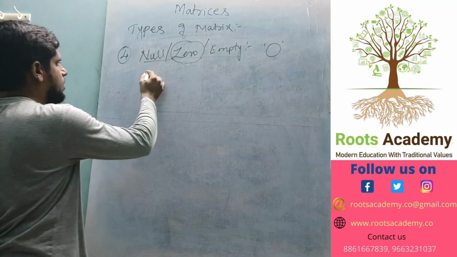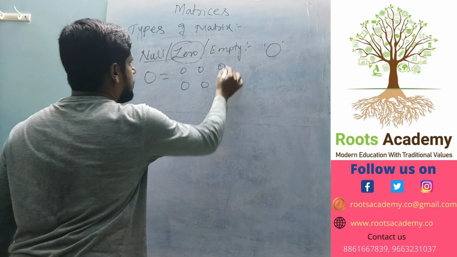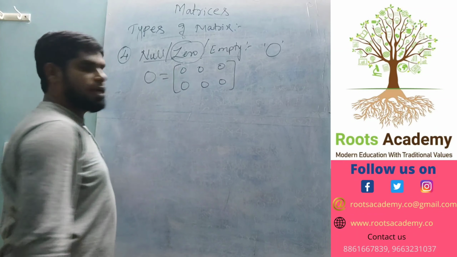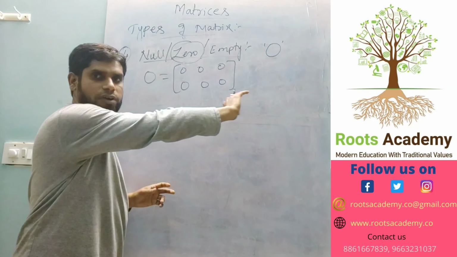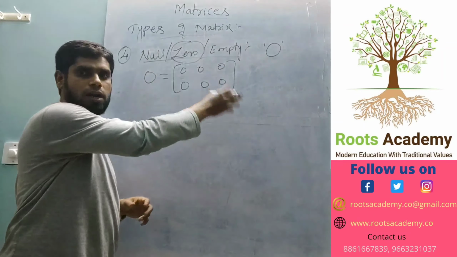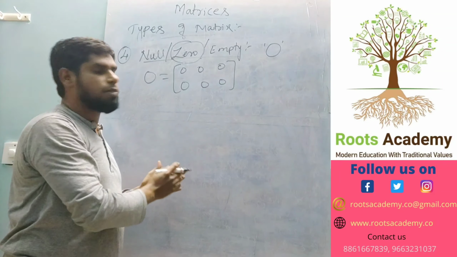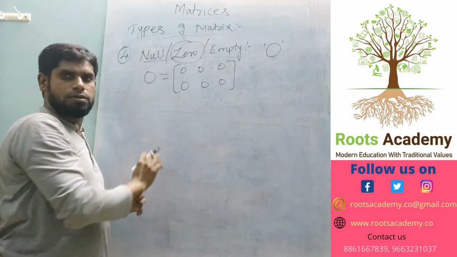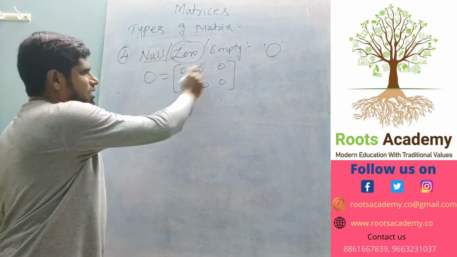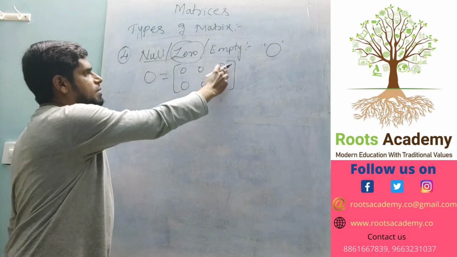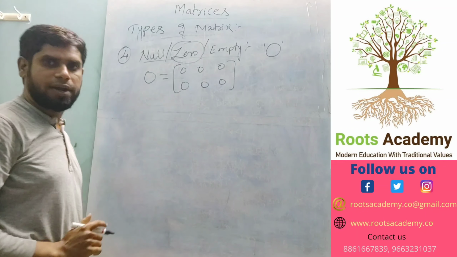Example, 0, 0, 0, 0, 0, 0. Whatever the order here, irrespective of whether it is a square matrix or column matrix or row matrix, as many elements as there are, all those elements are 0. I have 6 elements, all the 6 elements are 0, so it is called a zero matrix or null matrix.